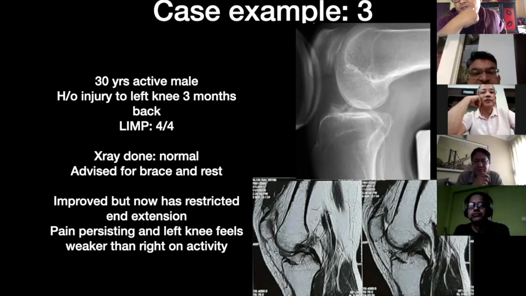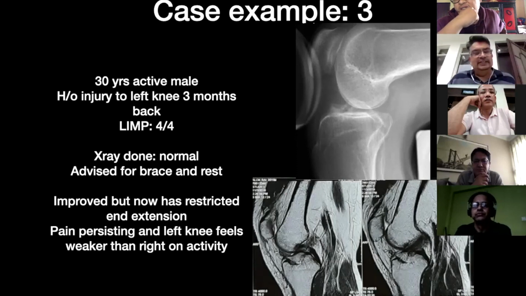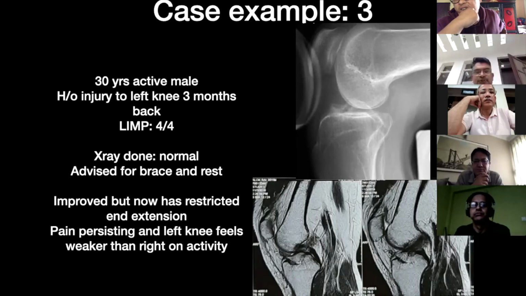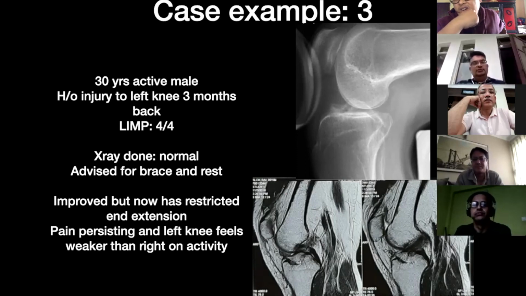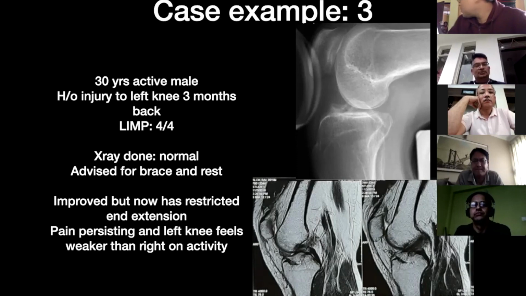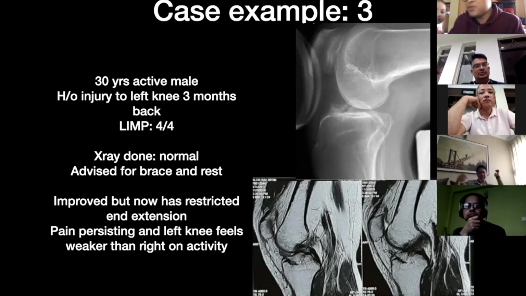If you read our chapter, it's very important to do an X-ray in extension. If you do an X-ray in extension and find that the bone spike is abutting your femoral condyle, then probably it is going to damage your femoral cartilage. So you have to intervene as soon as possible. If there is a gap between the tibial spine and the femoral condyle in full extension, you can still try conservative management.